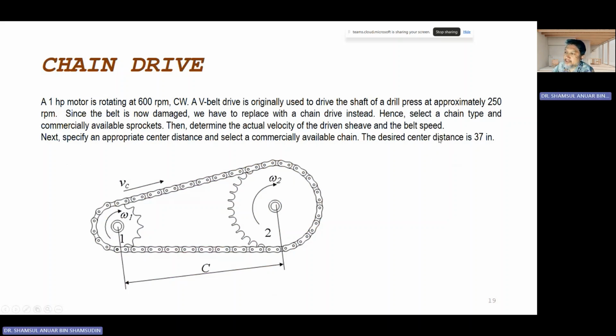Here we are given the center to center distance, which is designed to be 37 inches. There are a few other pieces of information, like 600 RPM for the motor, so that is connected to here, and so on.